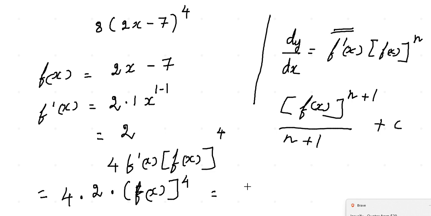So that means that is equal to, take the 4, you can ignore the 2 because that is the f prime of x, and then find f of x to the power of n plus 1.